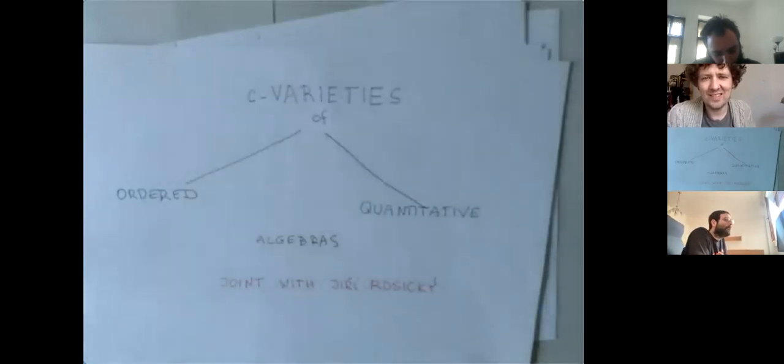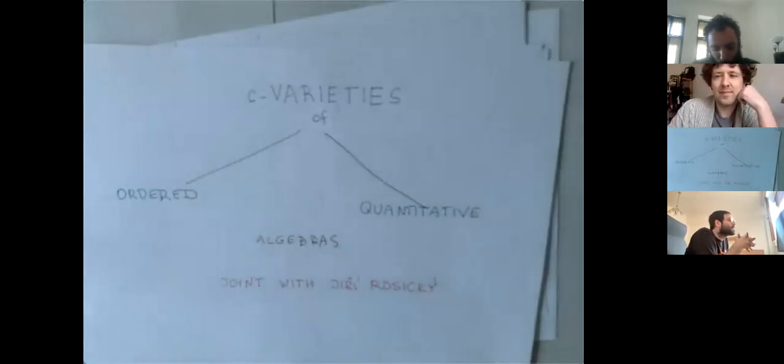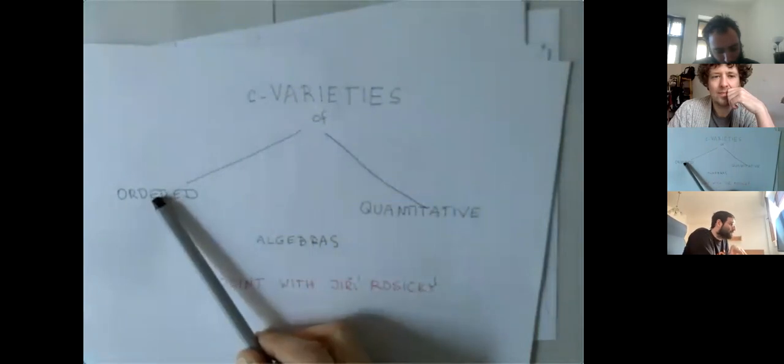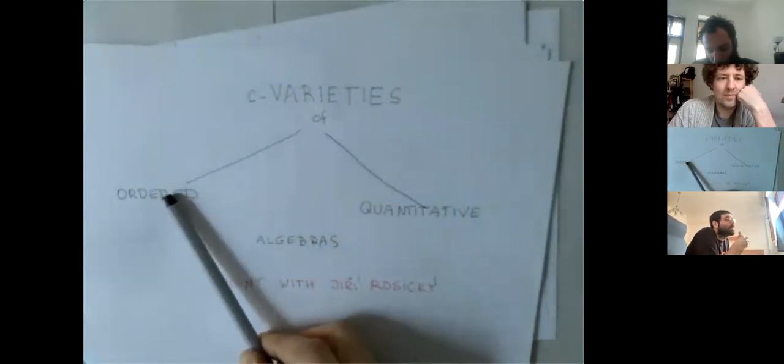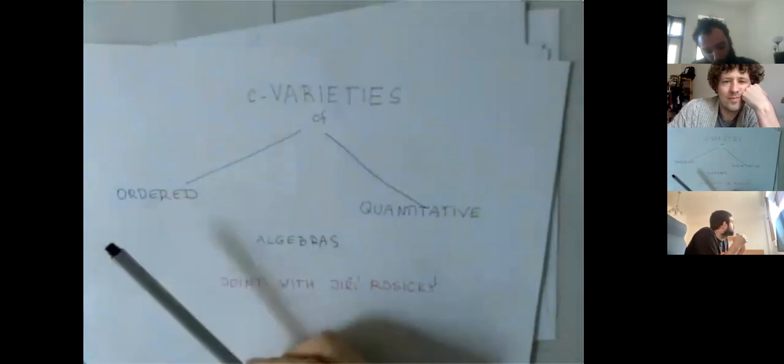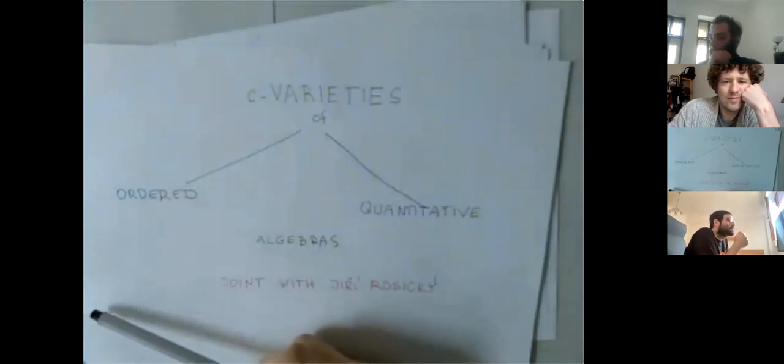So, first of all, let me start with explaining my title. What are C-varieties of ordered and quantitative algebras? So ordered algebras are algebras enriched over the category of posets. So you have a poset with operations that are monotone and homomorphisms that are monotone.